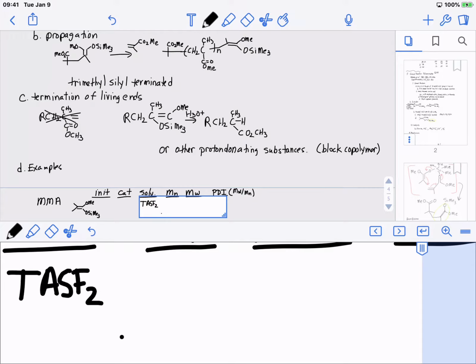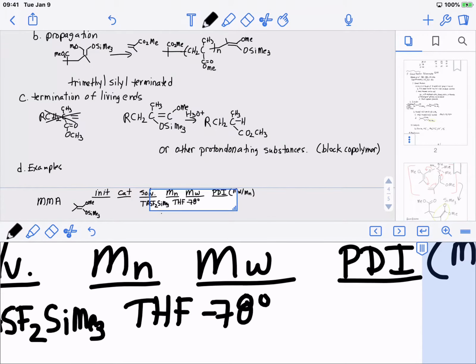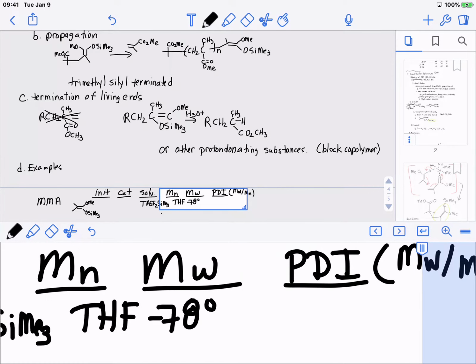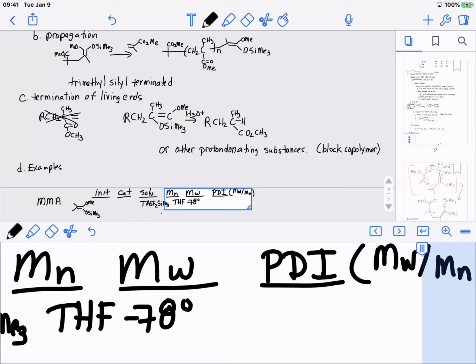TASF2, it's one of the catalysts we talked about before, SiMe3. And we do this in THF at -78. Let me move this down a little bit. I didn't really leave myself enough room here.